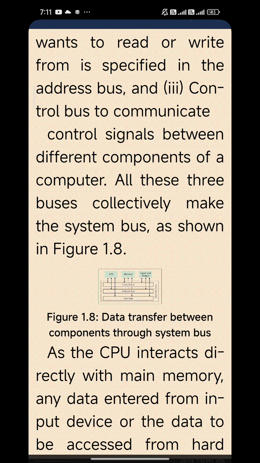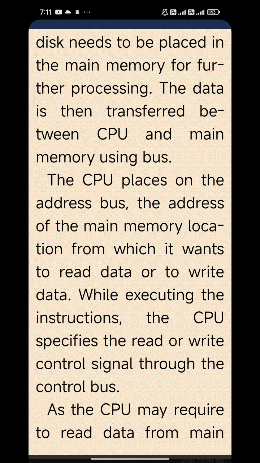As the CPU interacts directly with main memory, data entered from an input device or data to be accessed from the hard disk needs to be placed in the main memory for further processing. The data is then transferred between CPU and memory using bus.